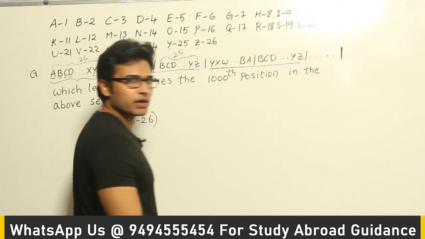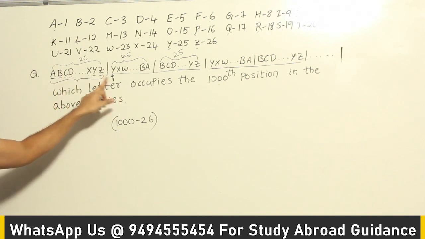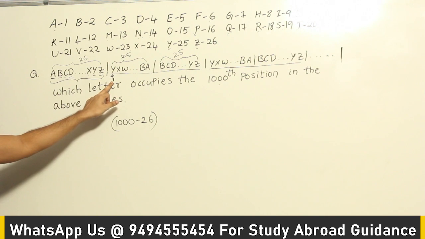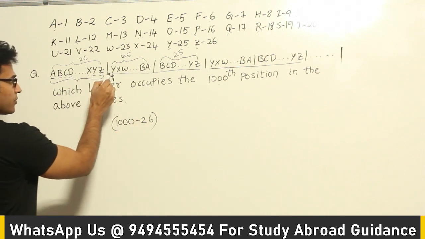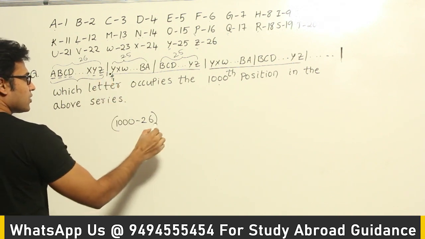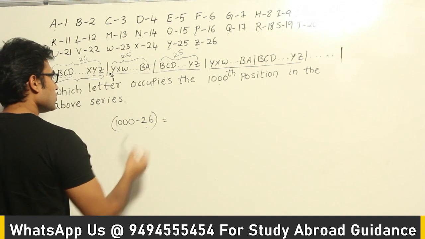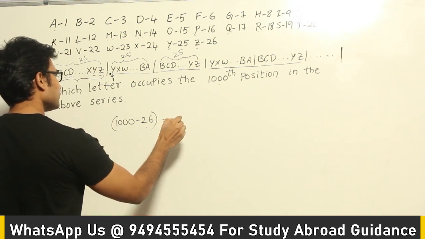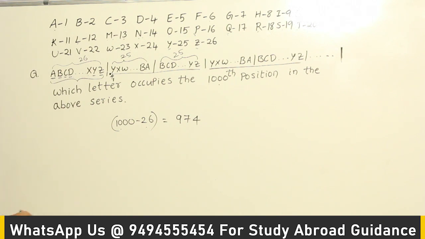If I start counting them from the beginning, that is 1000, but if I start counting from here by skipping the first 26, it will simply be the 1000 minus 26 position. Therefore, if you start from here, you are going to search for the 1000 minus 26 position. So this is going to be the 974th position, right? So you are supposed to find out the letter which is at the 974th position.